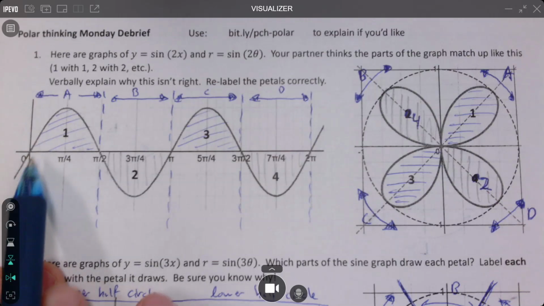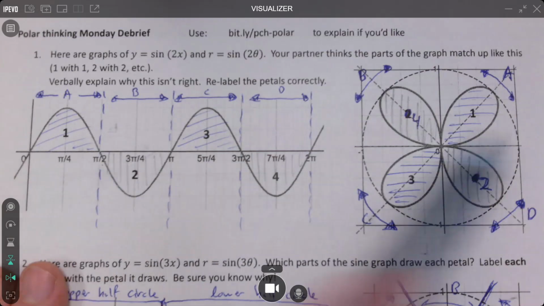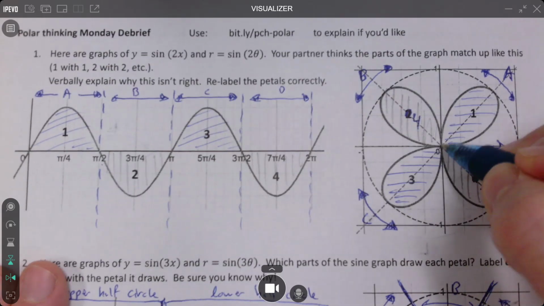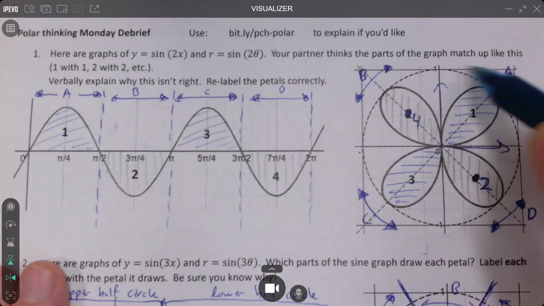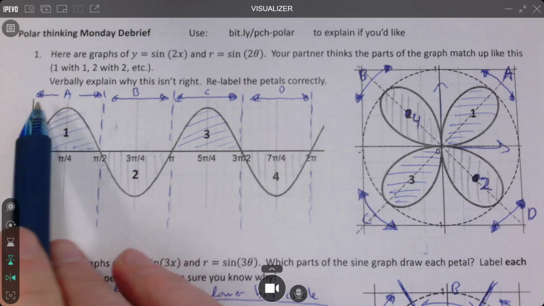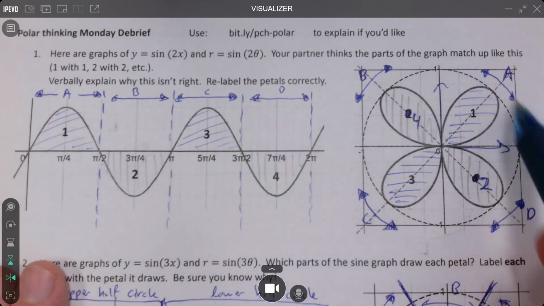So this interval where the angle goes from 0 to pi over 2, that's this interval where the angle is 0 pointed right to pi over 2 pointed up. You can see I've marked it A here. So this horizontal interval A matches this quarter circle of angle values.